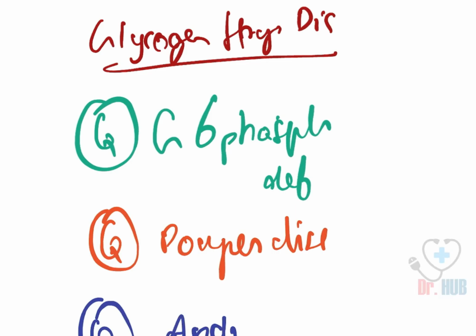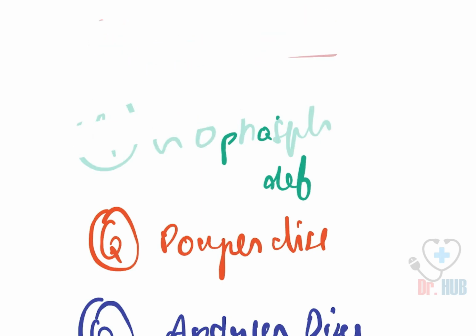What is Anderson disease? We will look at the answers to these questions and learn a lot more in detail. The first one is, we are just looking at the cycle as a whole.